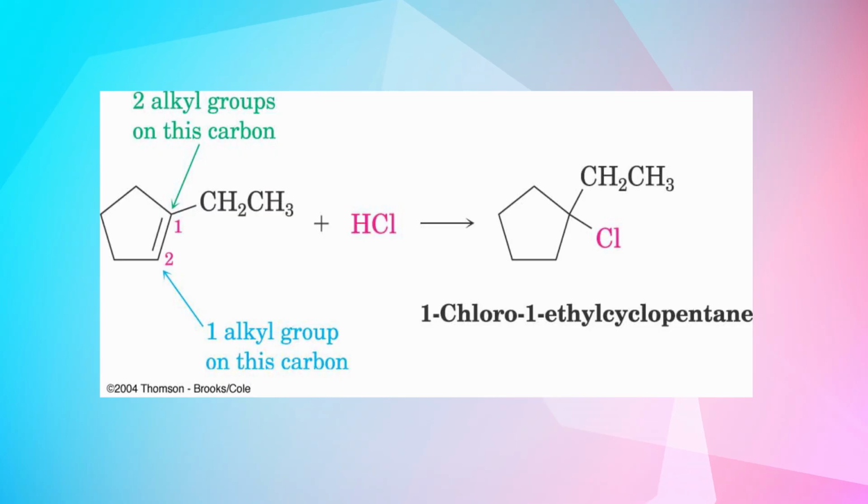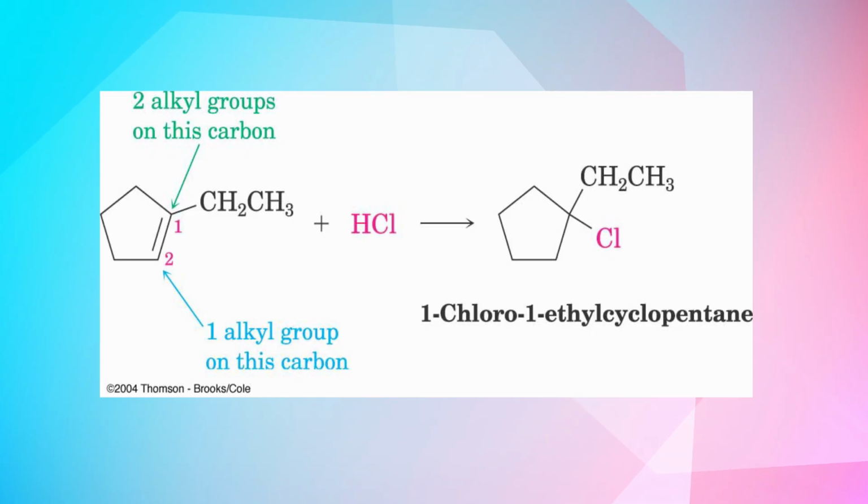The carbon numbered 1 is a secondary alkyl group, because it is attached to 2 other carbons, that is the carbon containing the double bond, whereas the carbon numbered 2 is a primary carbon because it is just attached to 1 other carbon.